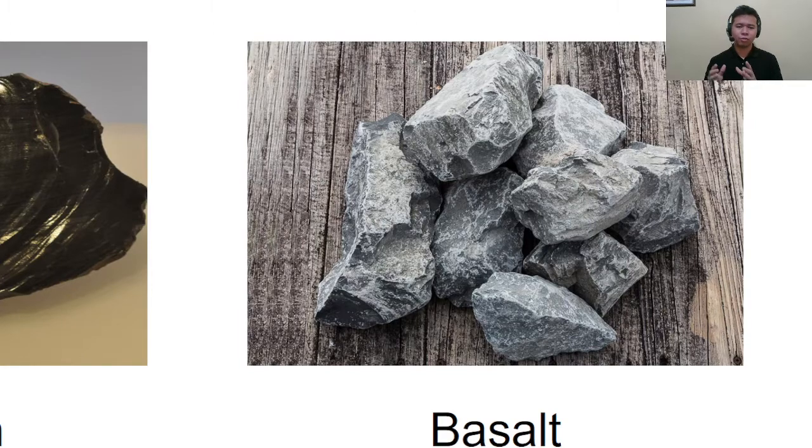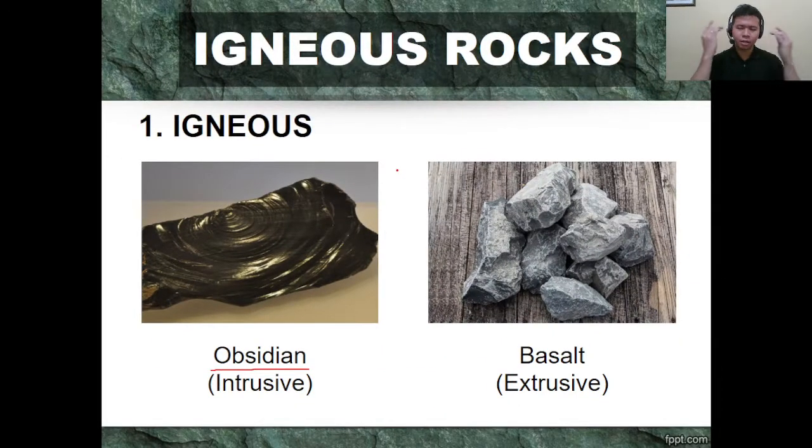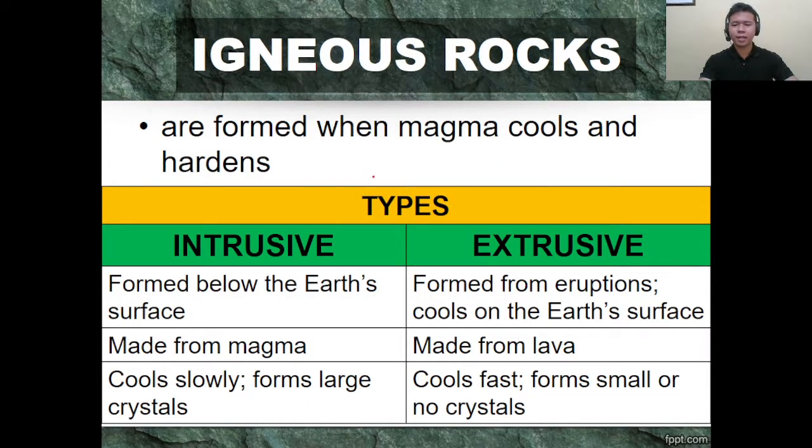So from lava, it cools down, forming the basalt. Those are the different types of igneous rock. We have the intrusive igneous rock and the extrusive igneous rock. Always keep this in mind: when magma or lava cools and hardens, then an igneous rock will be formed.